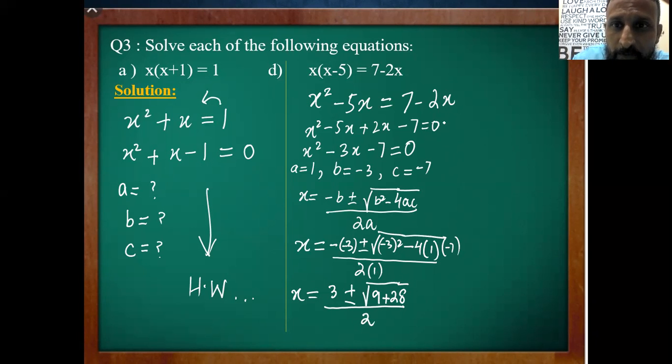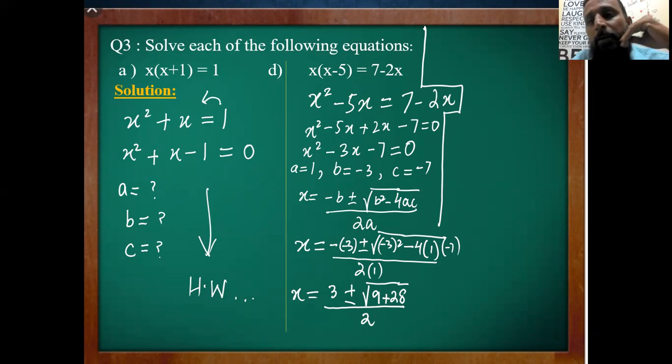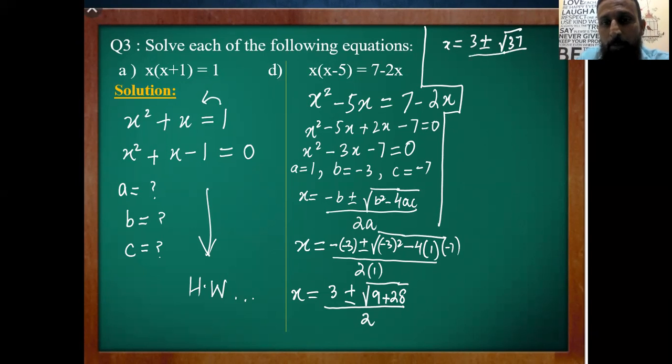Okay, dear students, what are we expected to do after this? We are expected to add up the two numbers, 9 plus 28, and it will sum up to 37. So we can write it as x equals 3 plus minus root 37 upon 2.